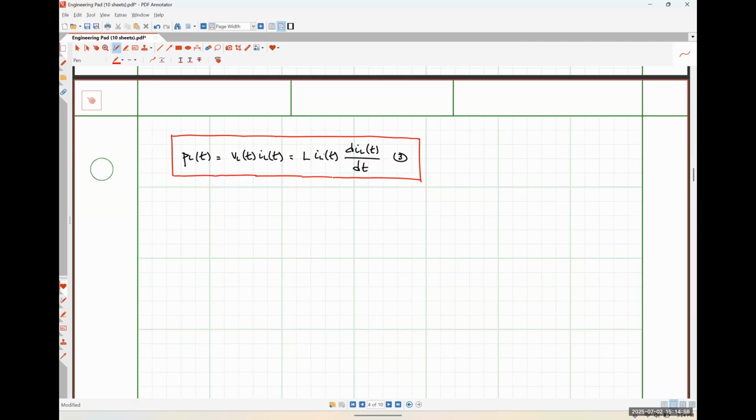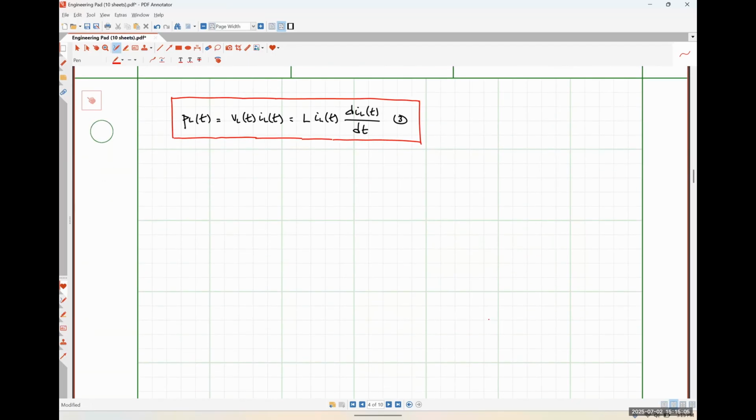The last relationship that we're going to talk about is the energy stored by our inductor. As we talked about on our second class meeting, energy is simply the integral of power.